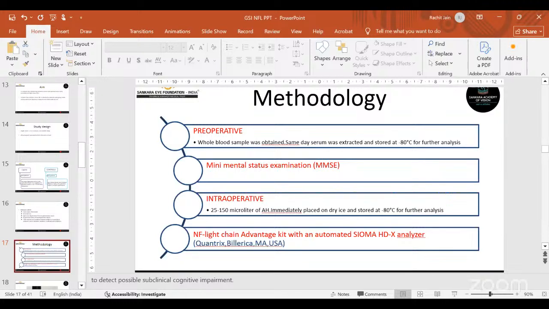Intraoperatively, around 25 to 150 microliters of aqueous humor was taken and immediately placed on dry ice and stored at minus 80 degrees centigrade for further analysis. Neurofilament light chains were detected using a single molecule array NF-light Advantage kit with an automated Simoa HD-X analyzer.